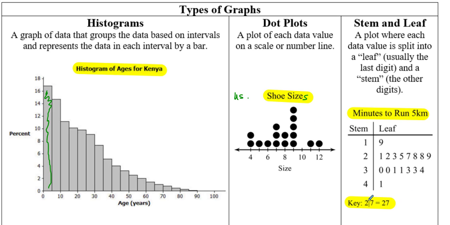So here it says if we have a stem of 2 and a leaf of 7, that value is actually 27. So if we had this 3 and this 1, based off of this 2 and this 7, we would know that this is the value of 31. So it is important to be able to read what the stem and leaf plot is telling you, and we look at the key to help us do that.